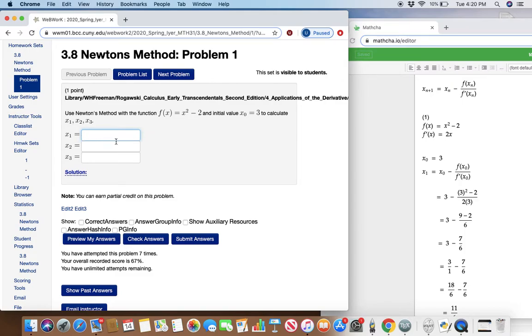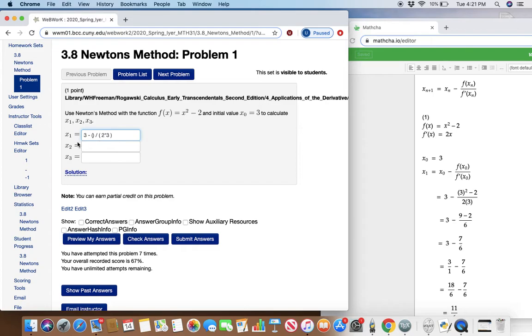So x1 is x0, that is 3, minus, I have a fraction, so numerator over denominator. What goes in the denominator is the derivative at my old x. Derivative is 2 times x. So the denominator gets 2 times old x. What is old x? x0 right now.